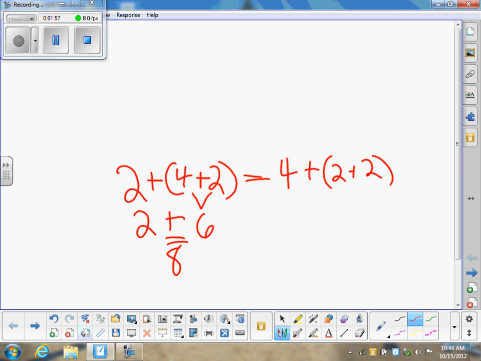Then we do these parentheses, 4, and bring down the 4, equals 8. 8 and 8 are equal, and that's associative property.